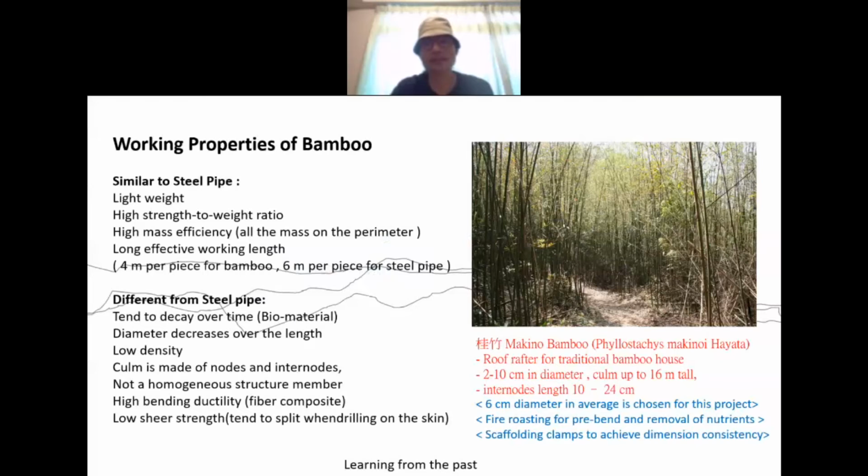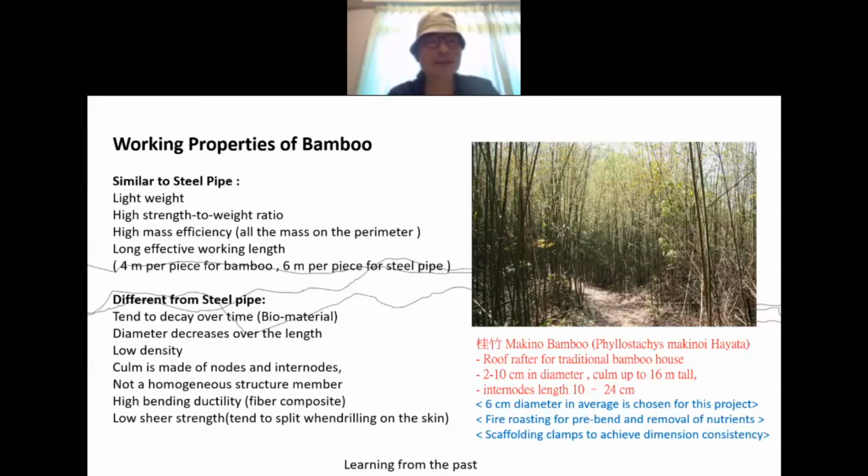And then with that basic understanding, we come back to think about the working properties of bamboo. When we think about bamboo, we first think about steel pipe. There are similarities and differences between them.